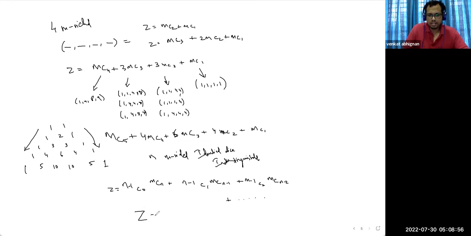And I can even write it as a nice summation form. And using Vandermonde's identity as such, I can write it as a simpler form even.